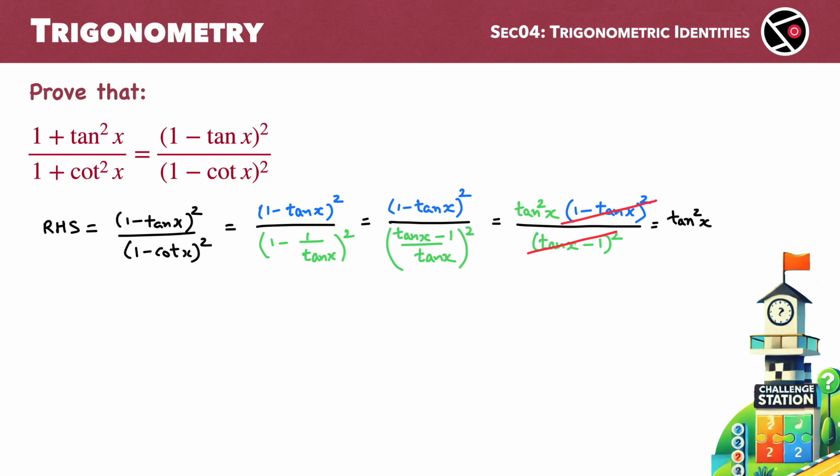We have RHS equal to tan square x. Now let's simplify the left hand side.